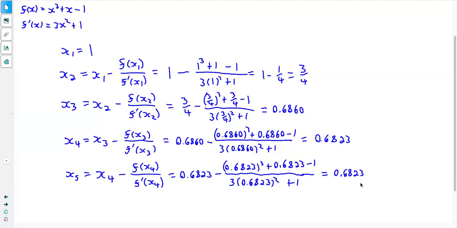So we are essentially incredibly close, and we can say, therefore, x equals 0.6823.